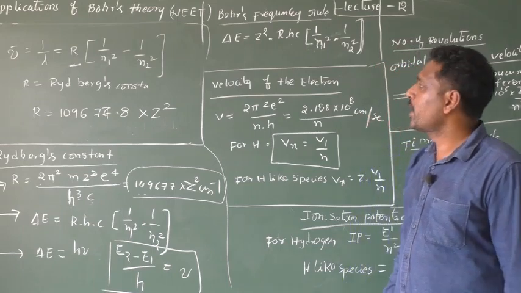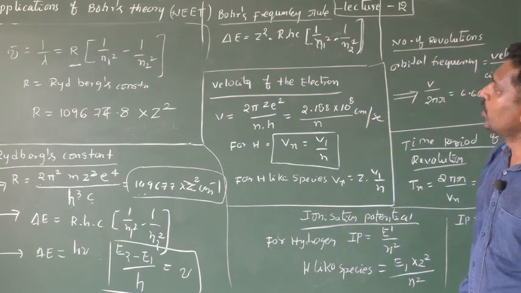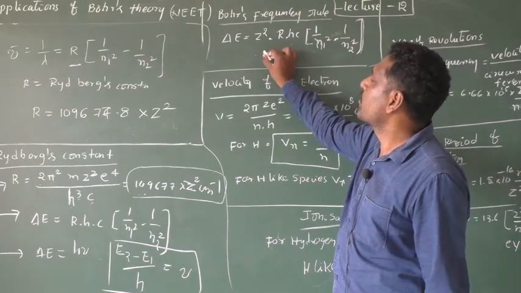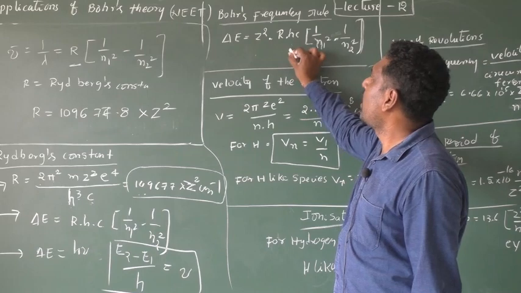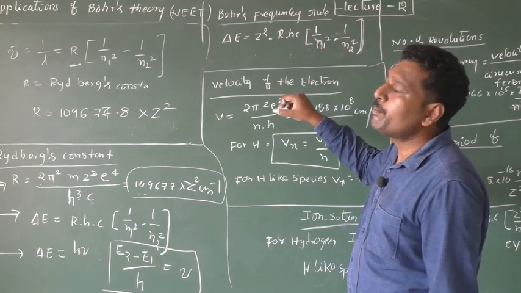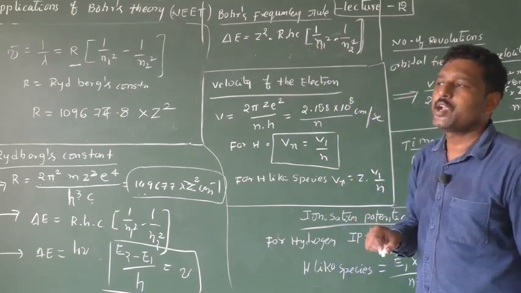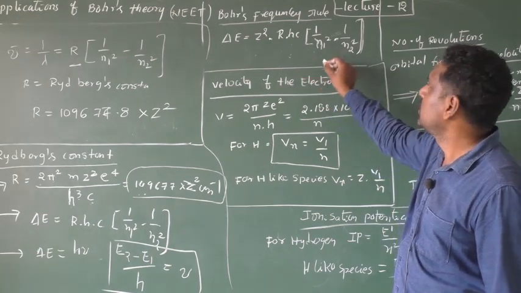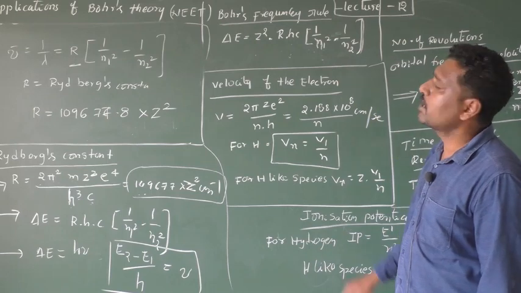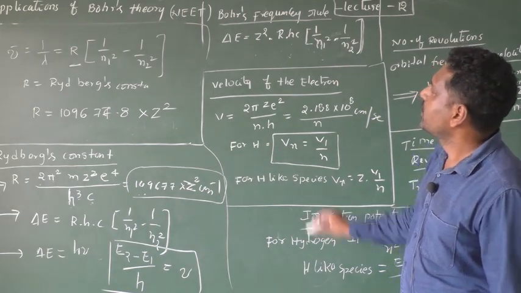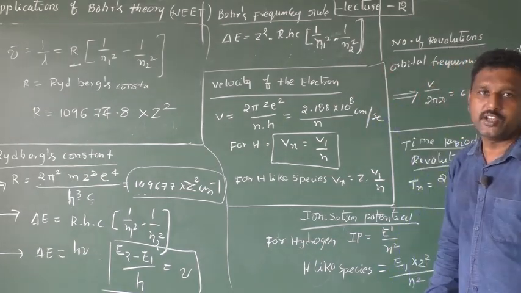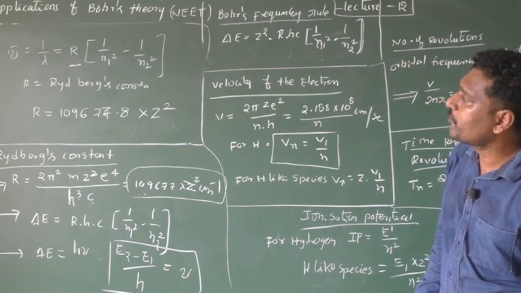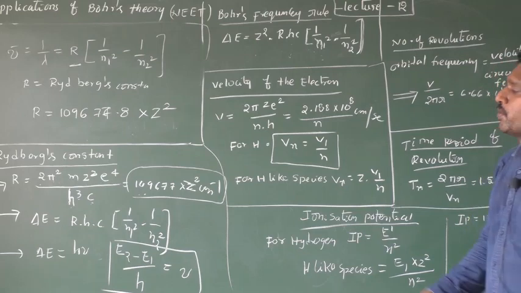Here n1 is the lower orbit and n2 is the higher orbit. So this is about energy differences and Bohr's frequency rule. Up to here we have finished.